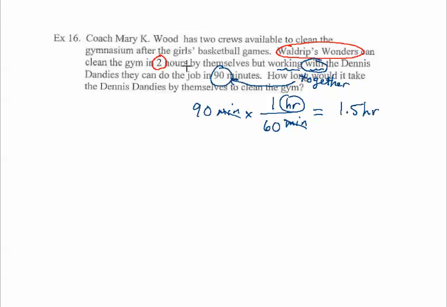So we were given 2 crews, so we have 2 rates, the Waldrops and the Dandies, and then we have our rate of the 2 crews working together. They are cleaning 1 gym.